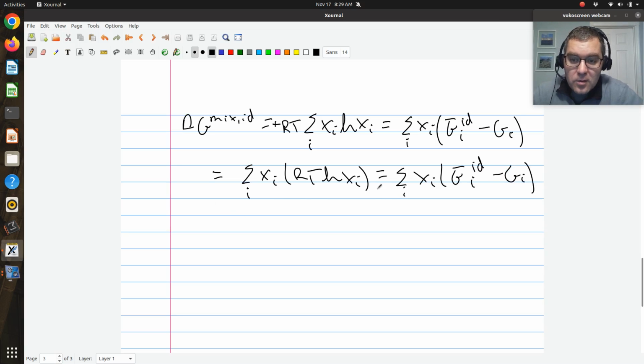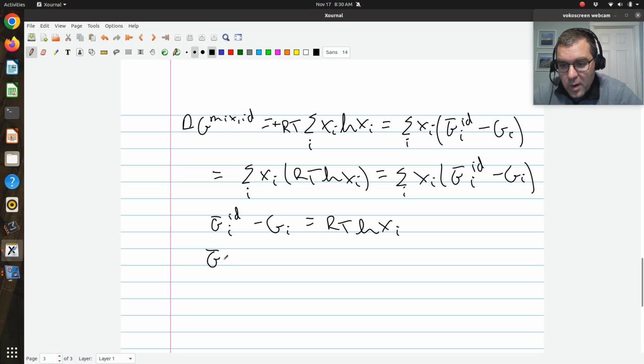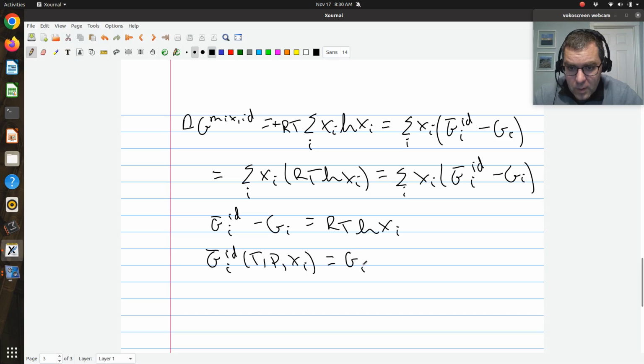Okay, and so matching, I'm going to get G bar I ideal minus GI is equal to RT log Xi. Okay, so G bar I ideal at T, P and Xi is equal to GI, my pure component value at T and P, plus RT log Xi.